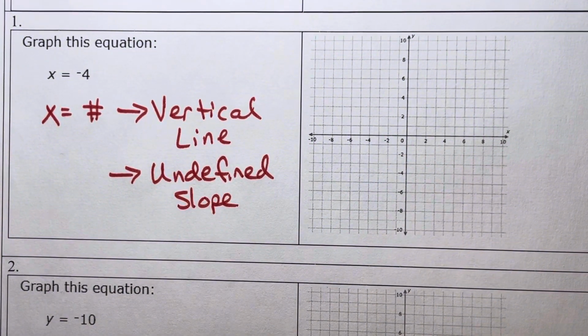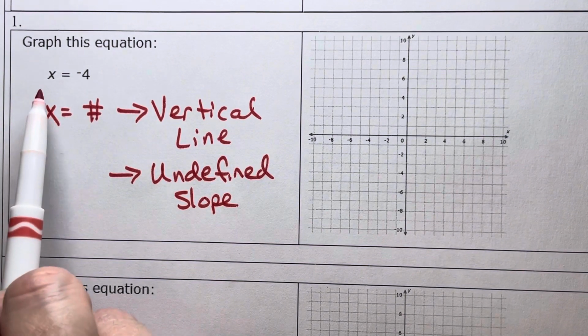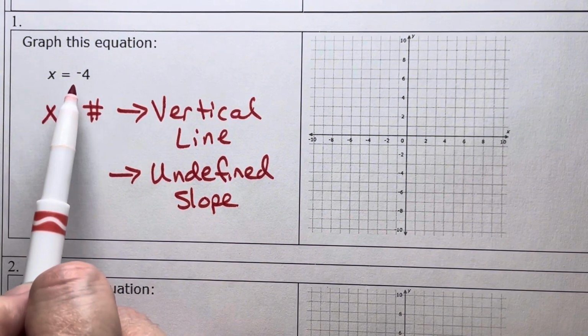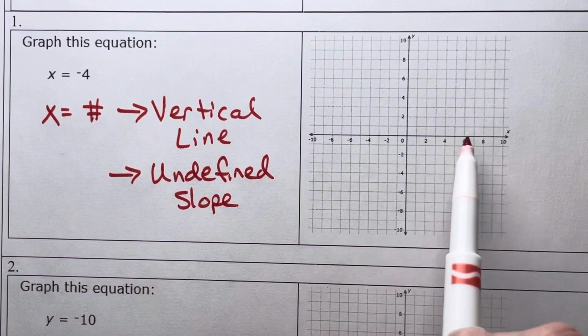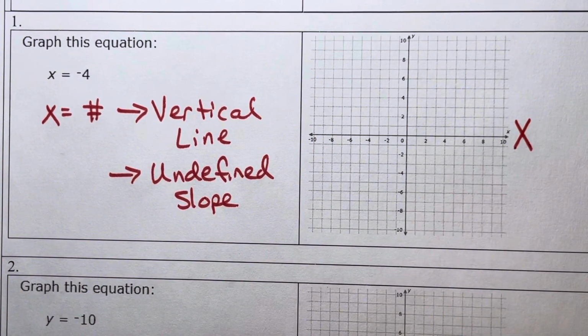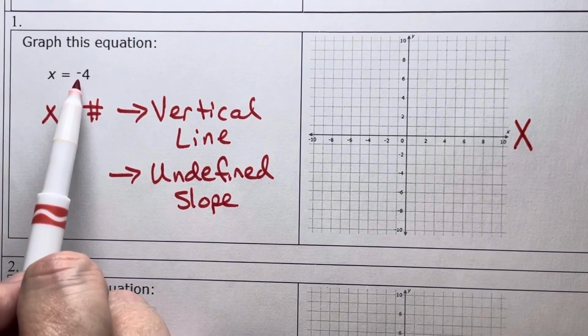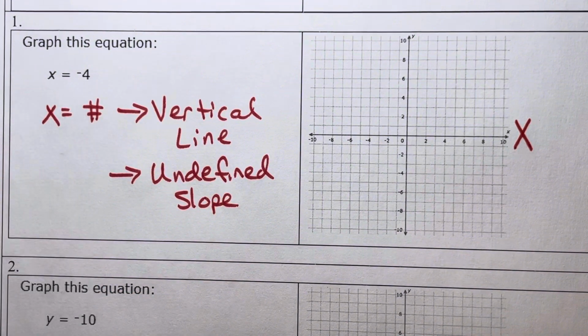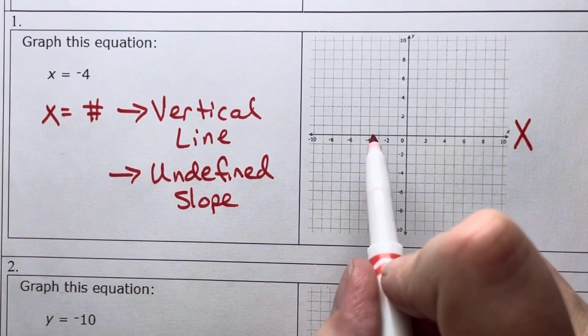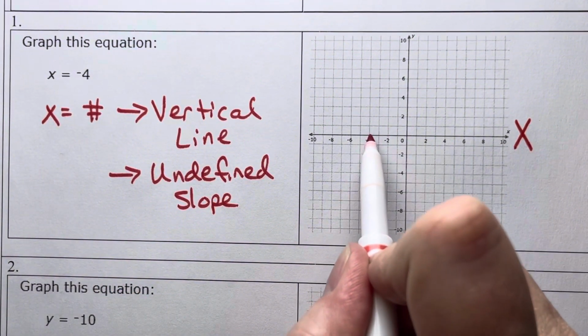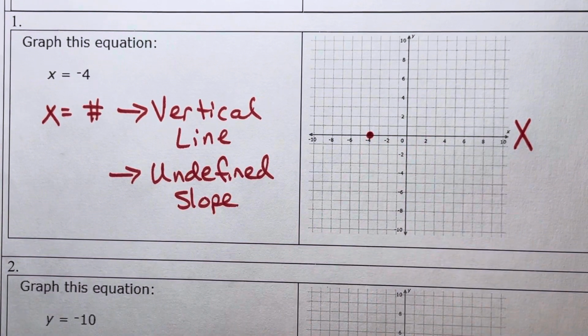So this process is really simple and friendly. Since our equation is x equals, we look for the x-axis, and the number that they give us, which happens to be a -4 for us, we plot that point here on the x-axis.